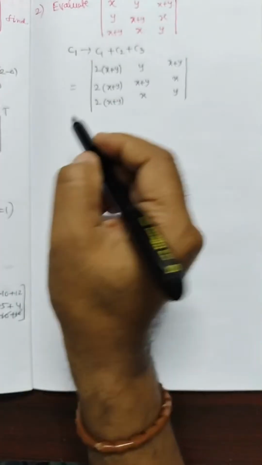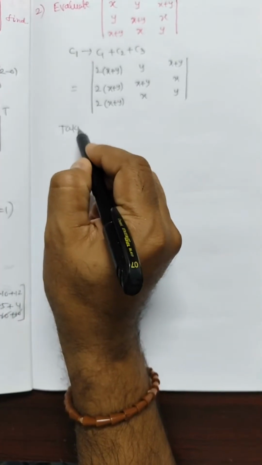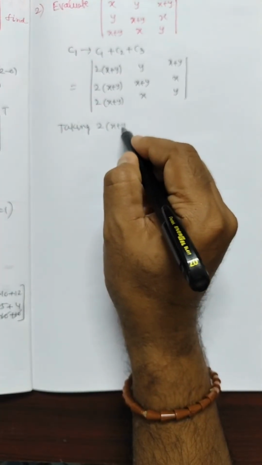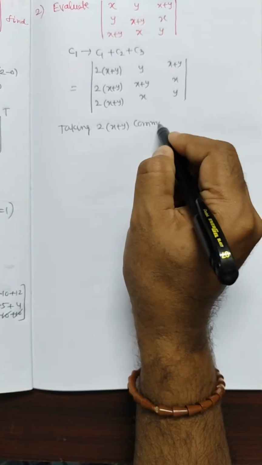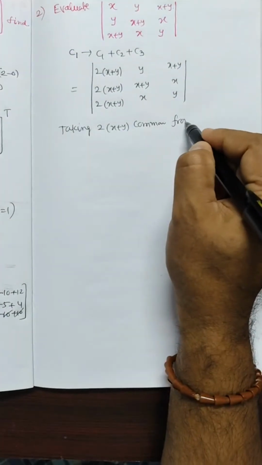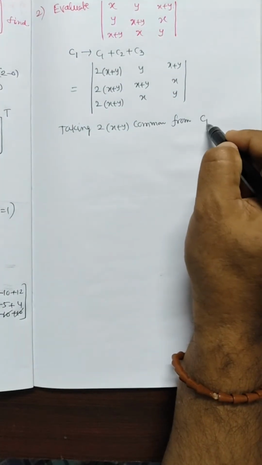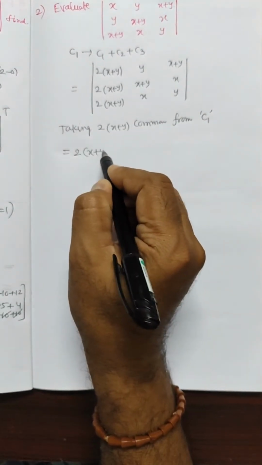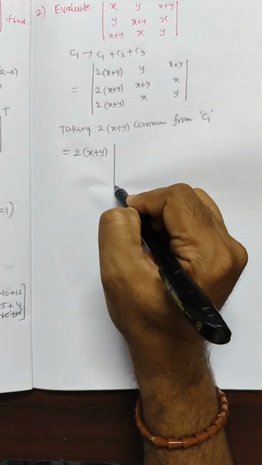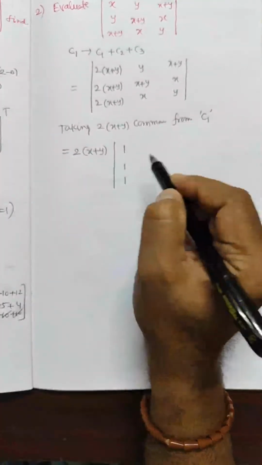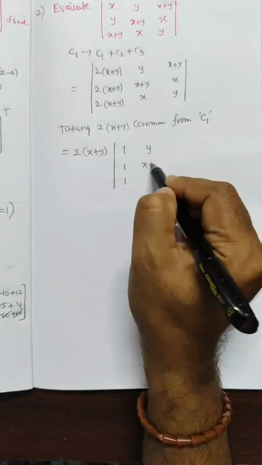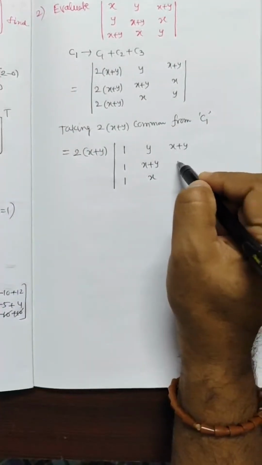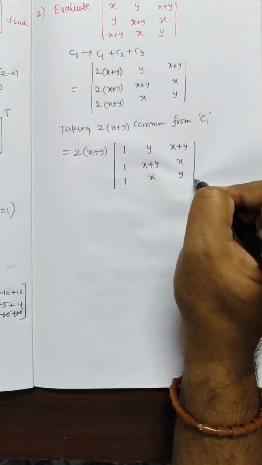Now, taking 2 into x plus y common from C1, we get 2 times x plus y, and the determinant 1, 1, 1; y, x plus y, x; x plus y, x, y.